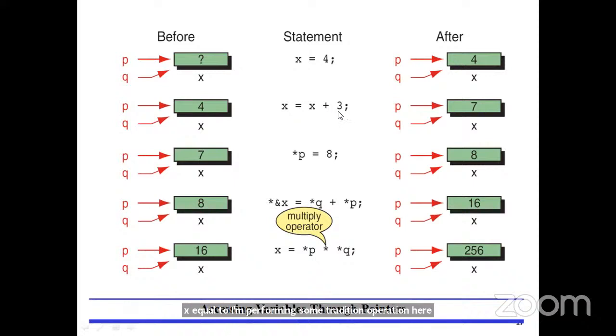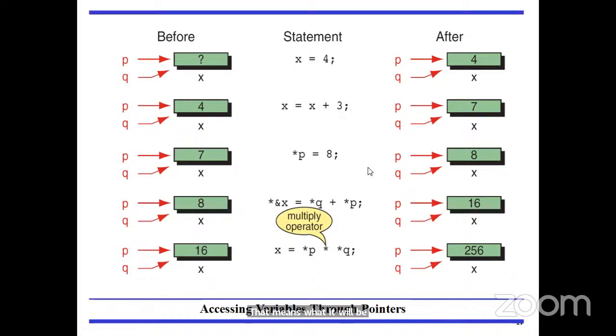That means it will be incremented. The X value is 4 already, so X plus 3 means X value becomes 7.